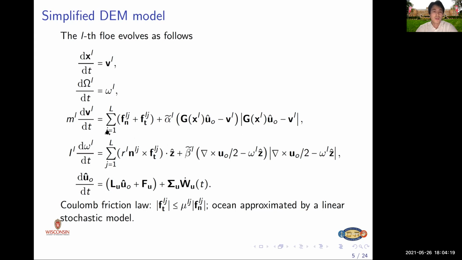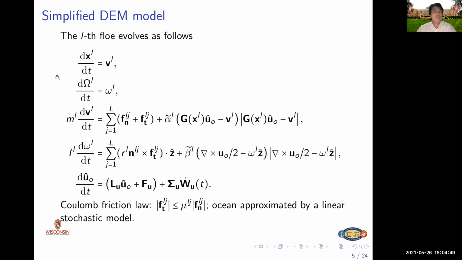Similarly for the torque on the angular velocity, there is the force from contact and the force from the ocean drag. For the ocean, we use a simple linear stochastic model. Also, the Coulomb friction law is used to limit the tangential contact force.